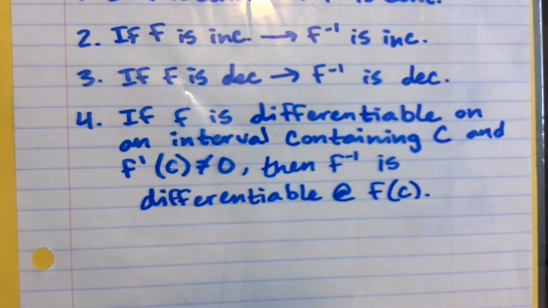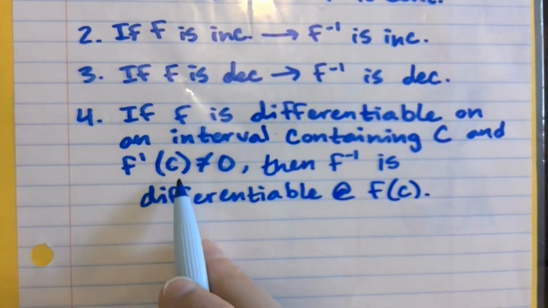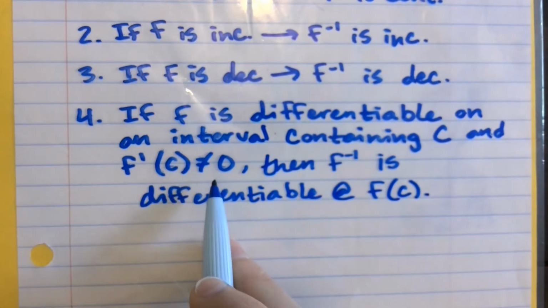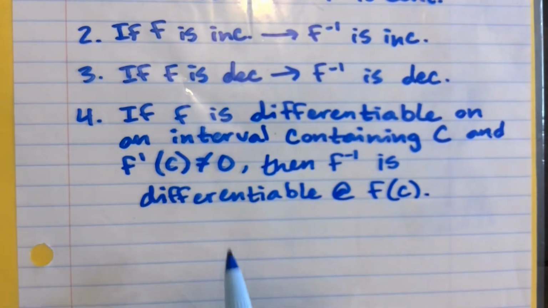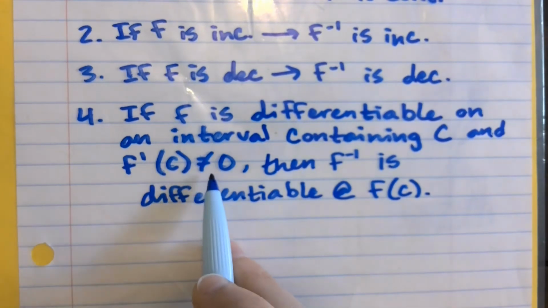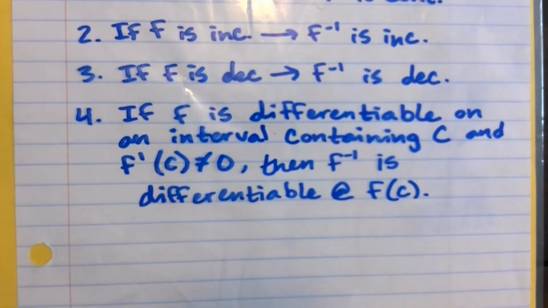Which makes some sense that we would need this qualifier that f prime of c couldn't equal 0, because if f prime of c equals 0, then that means that we're dealing with a max or a min. So if we're taking the inverse of that, then it's not going to be differentiable. It's going to have that vertical tangent line. So we want to make sure it's not a max or a min, and that's going to guarantee that when we take the inverse, it is still differentiable.